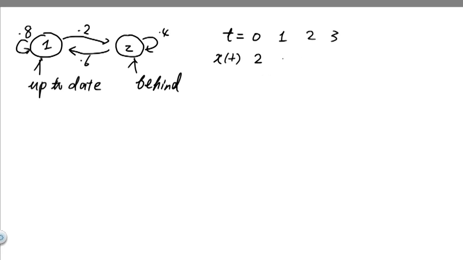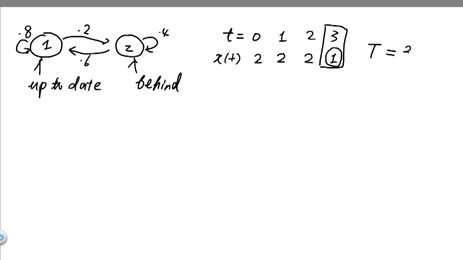Now, if we look at a particular sample path, let's say 2 and 2 again on day 1, and 2 again on day 2, and on day 3, the student enters state 1. So in this sample path, we start from time 0, and time 3 is the first time we enter state 1.